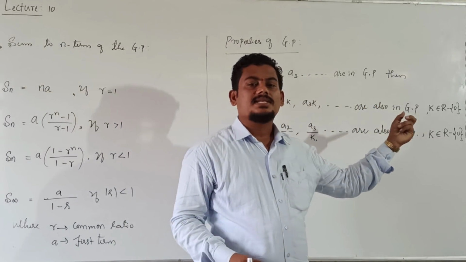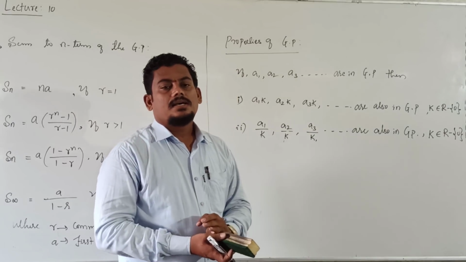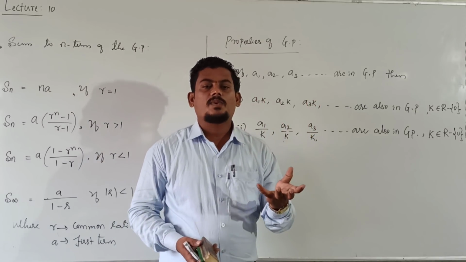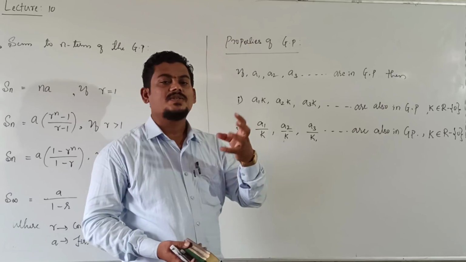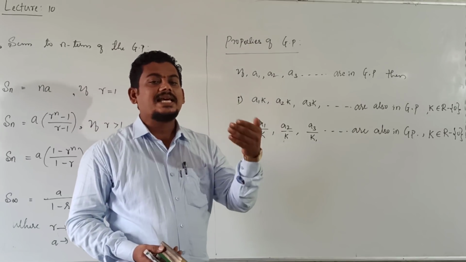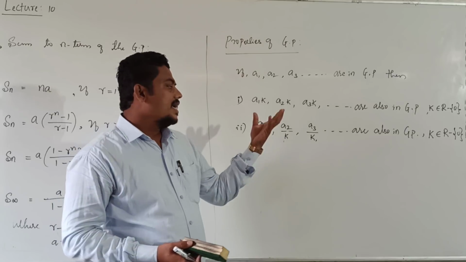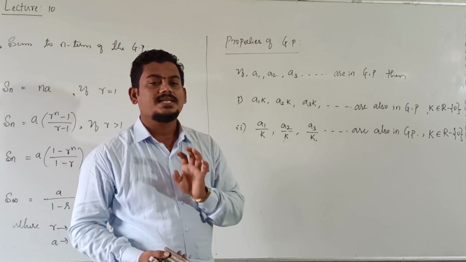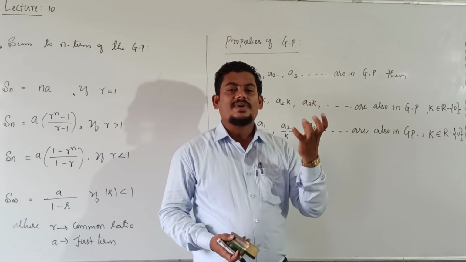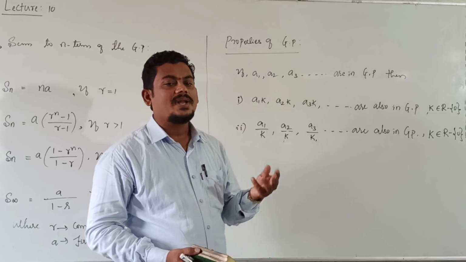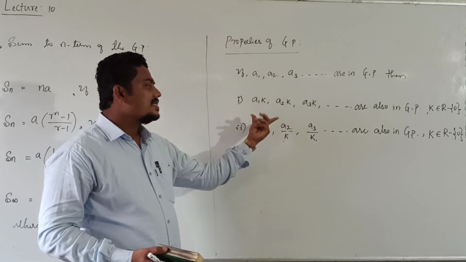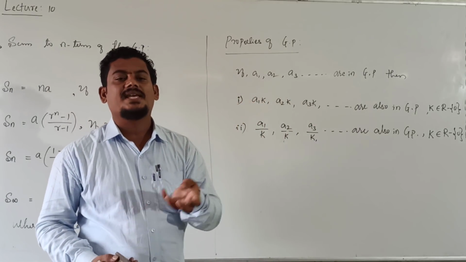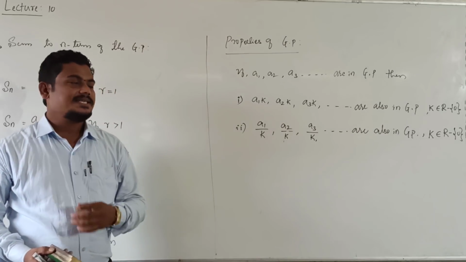Suppose given sequence is GP, then if you multiply or divide any non-zero number to the GP, then resulting sequence is also GP.